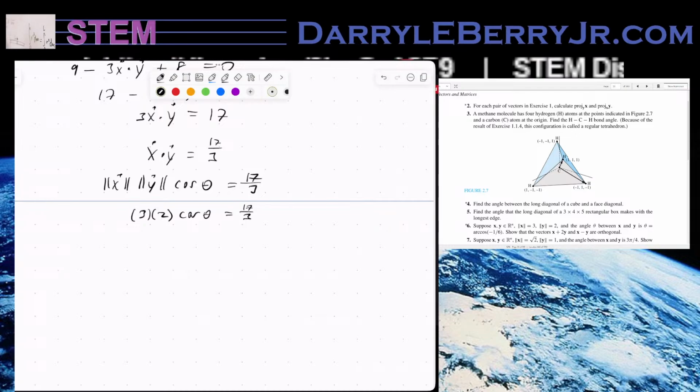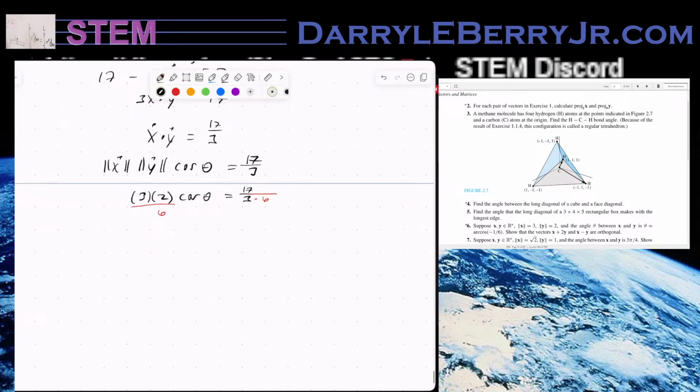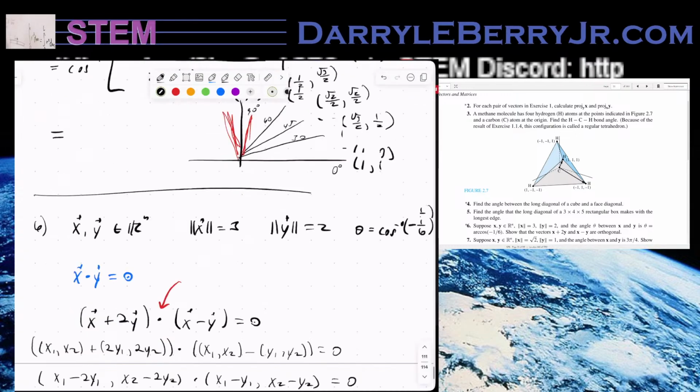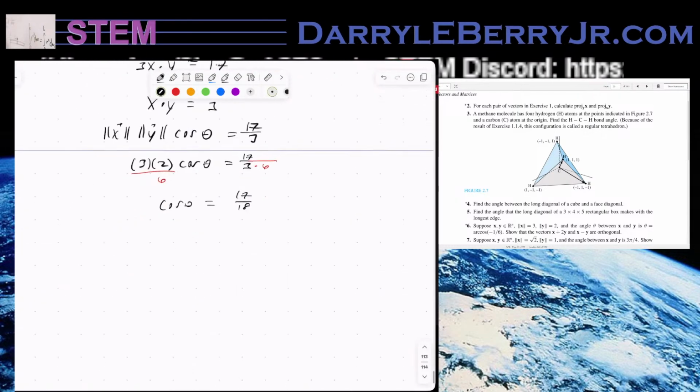So I need to divide both sides by 6. So that means that cosine of theta equals 17 over 18. So theta equals cosine inverse of 17 over 18.